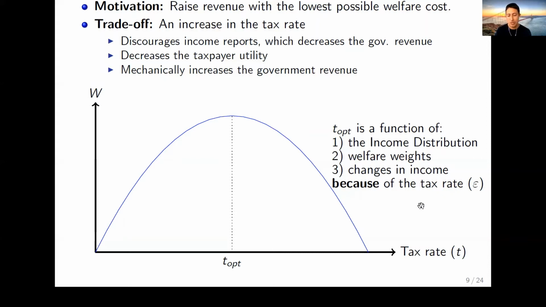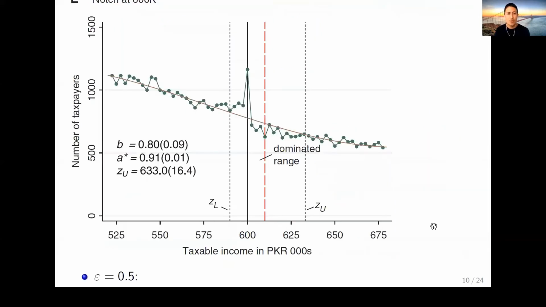So basically, the question we're trying to answer to get at number 3 is how much people are going to decrease their reported income because the tax rate has increased. So once again, going back to this graph that we saw in Pakistan, I don't want to get into the details, but this graph shows taxable income in Pakistan on the horizontal axis and the number of taxpayers on the vertical axis.